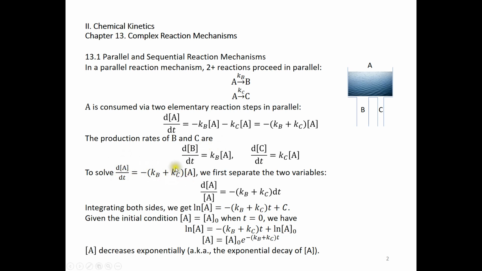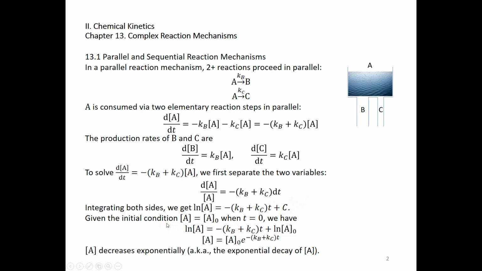Divide both sides by the concentration of A, and multiply both sides by dt. We have this equation. Now we can integrate both sides, and then we have the natural logarithm of A equal to negative the sum of kB and kC multiplied by time, plus a constant. We can determine this constant.